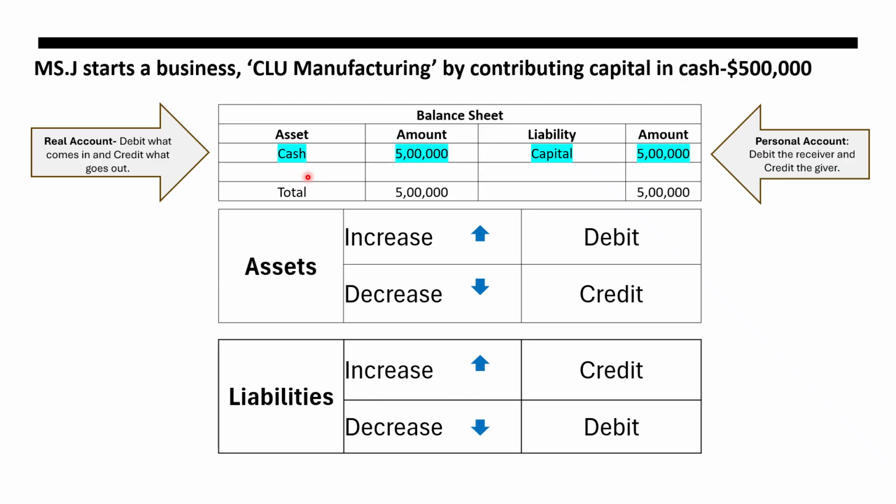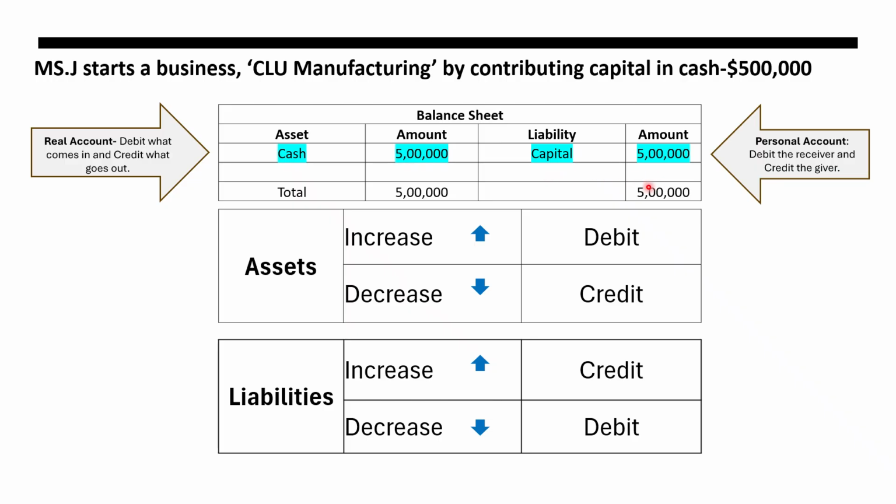At any time you want to increase an asset in the balance sheet, you will debit that account. And any time an asset reduces, you will credit that account. Similarly, if you want to increase a liability, you will credit that liability. So here in this case, a liability of 5 lakhs increased, right?